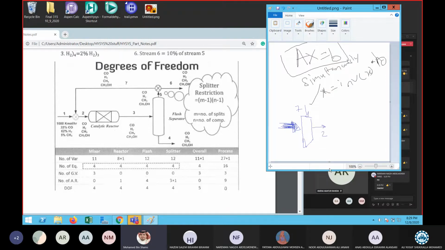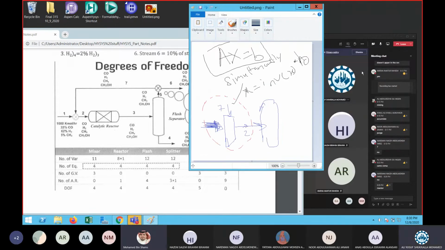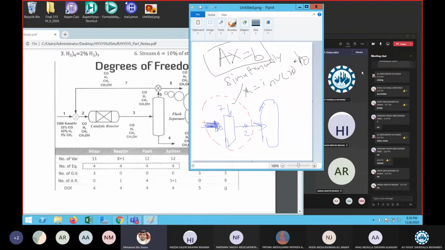But what is the problem here? Before I move to the reactor, before I move to the conversion reactor, I have to make sure that this guy is solved. But if I'm going to do this with a system with a recycle, what do you think? Am I going to be able to solve this guy? Yes, no? No. No. Why, Amina? Why can I not solve?